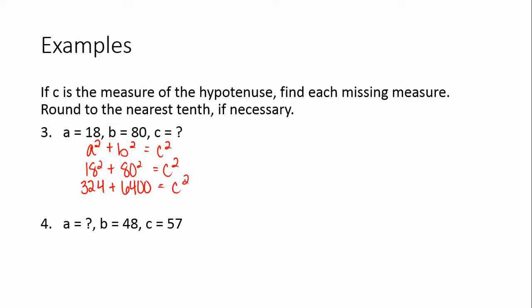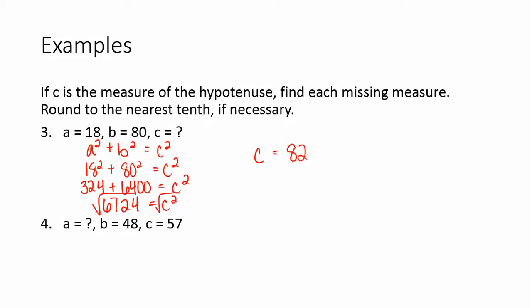And that equals c squared. When you add them together, it's 6724. And then we square root both sides, so the square root is 82. So C equals 82. We don't have units here, so it would just be 82 units.